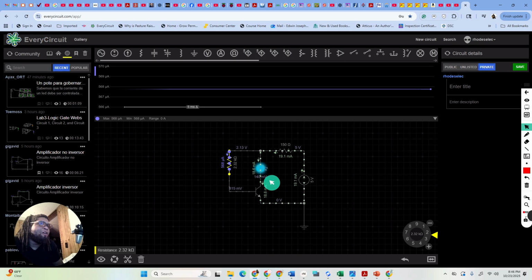Our numbers might be off a little bit. Like you see this 19.1 milliamps. You see we have 2 volts there. We have 0.8 volts instead of 0.7. All of that has to do with the imperfections with the materials that seem to be built into this program, which I think is actually nice, because in the real world, that's what happens.